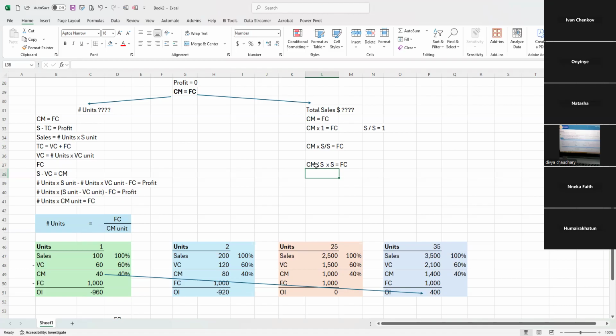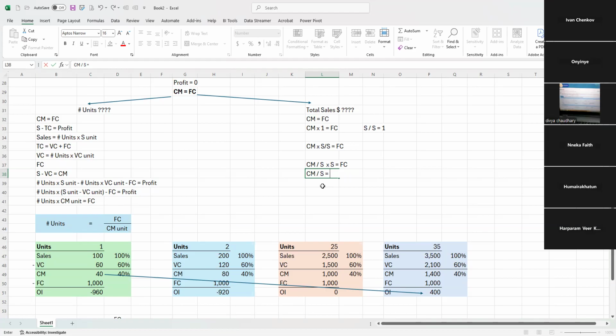But what's the contribution margin divided by sales? If I do that, what am I going to get? 0.04. What is that? Contribution margin ratio, isn't it?